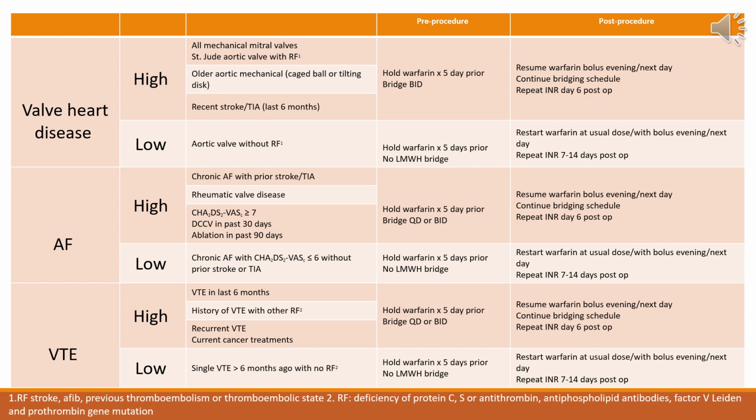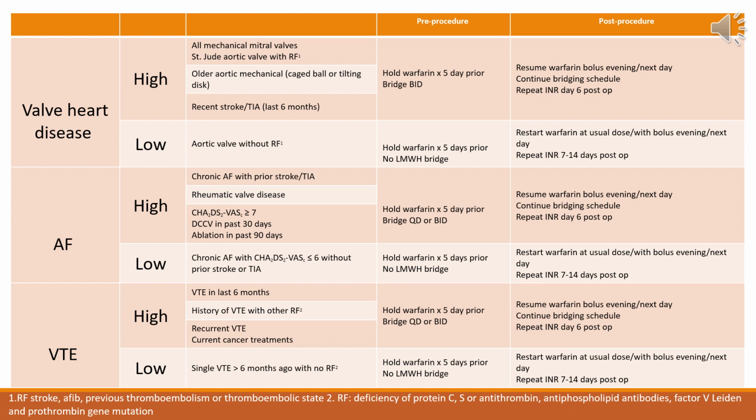When determining which patients qualify for bridging, you can essentially categorize patients by their indication and then further into high or low risk. Only high risk patients require bridging, and low risk does not.